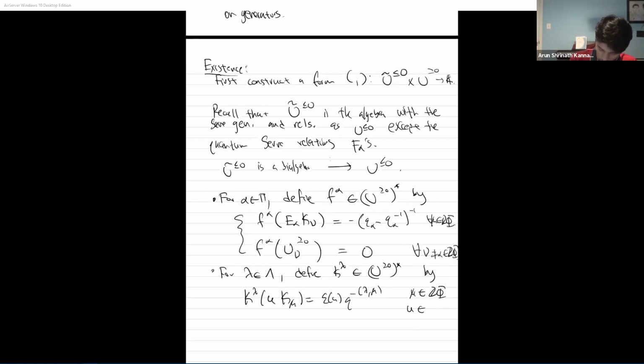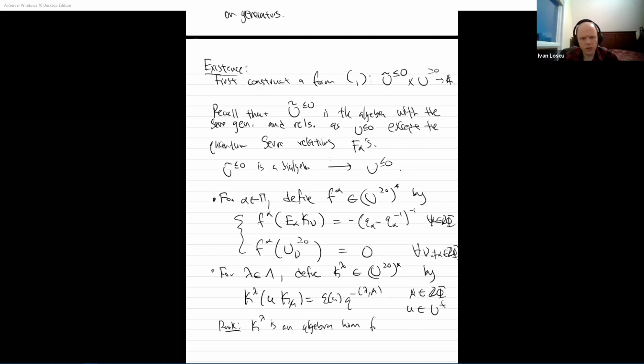So mu is in Z phi, and u is in u plus. And I'll just make a remark, or an exercise: k lambda is an algebra homomorphism. You can check this, I believe, by looking at finite dimensional modules. Anyways, there is nothing to prove; I think this is just by inspection.